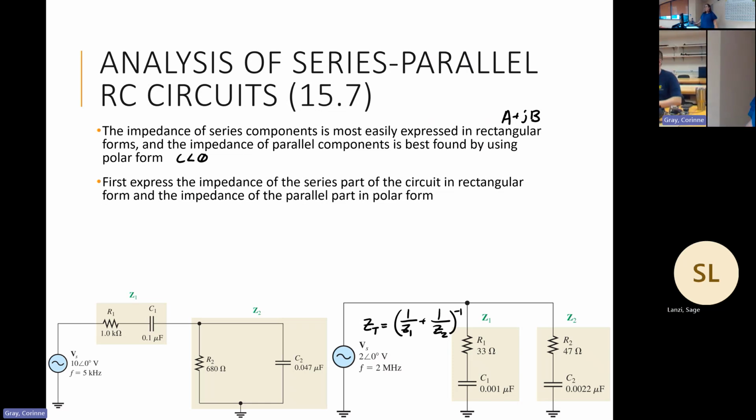That way we don't have to deal with terms with J that need to get multiplied. You could also, when they are in parallel, utilize Y. You're welcome to still do that. That is still valid. It's just when we add the series and the parallel together, it has to be Z. Cannot add Z's and Y's.